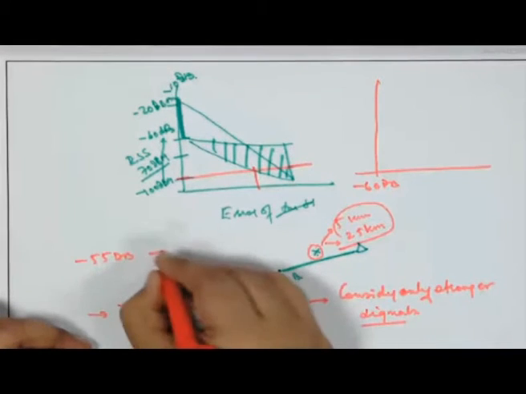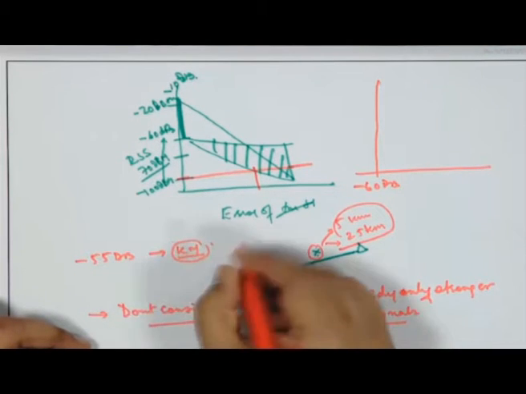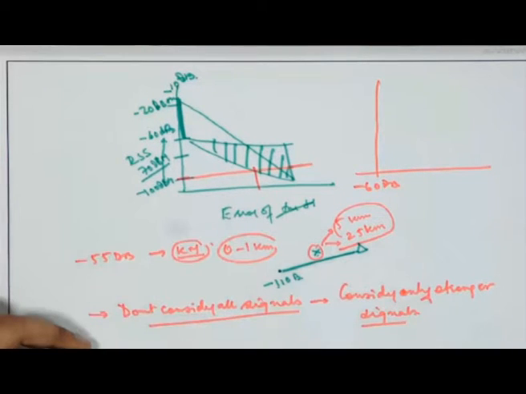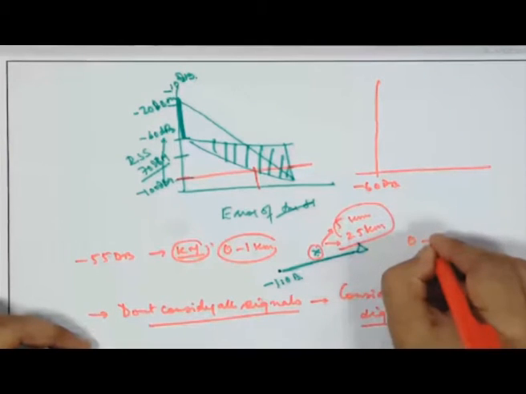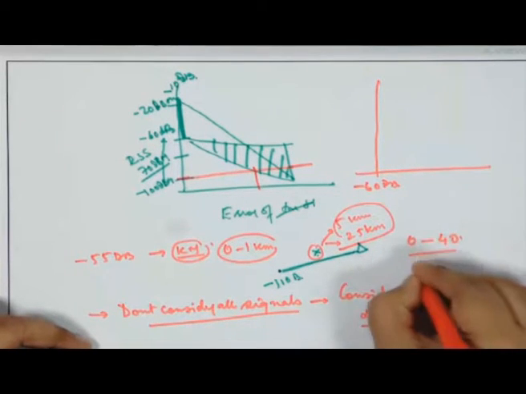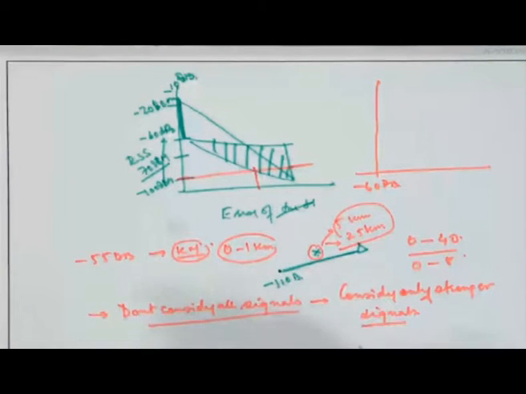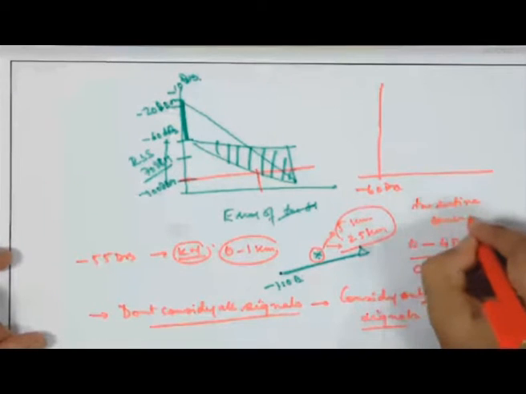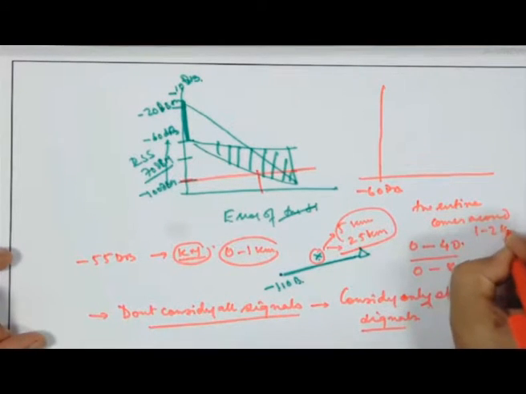Okay. If you have minus 55 dB, then your error would be roughly 0 to 1 kilometers. So you see the previous one's x axis was from 0 to 40, this x axis is from 0 to 8. So the entire error comes around 1 to 2 kilometers.